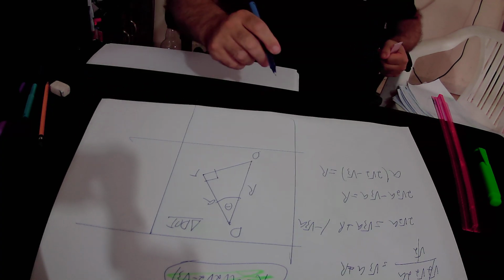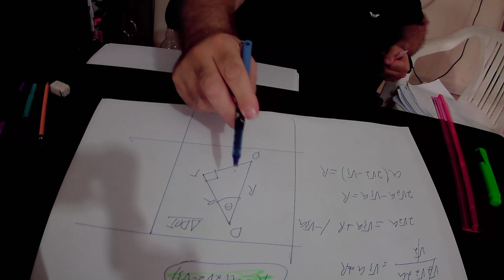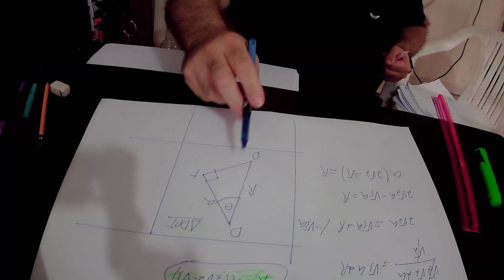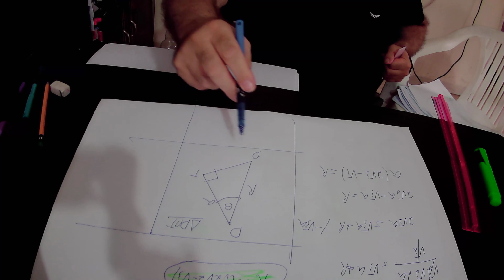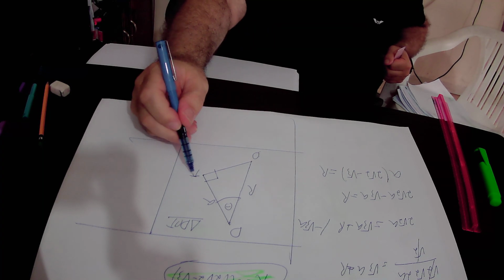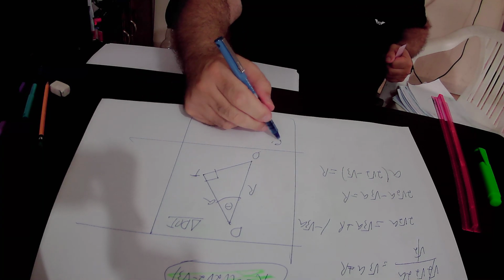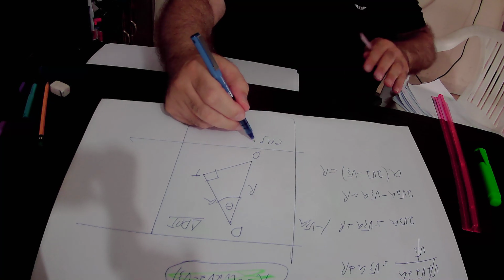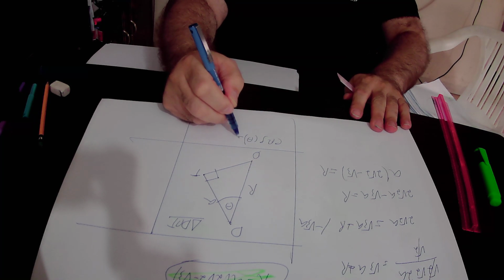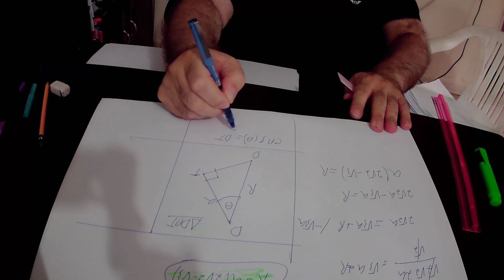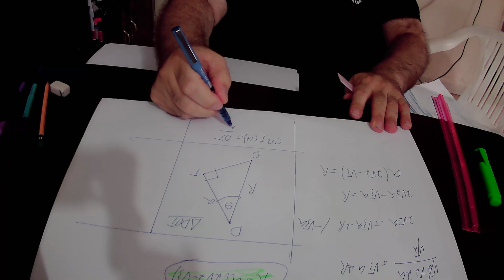From the drawing it's very easy to see that cosine theta equals DT over DO. So I write it down: cosine theta equals DT over DO.